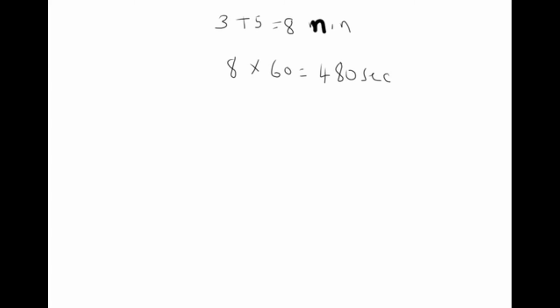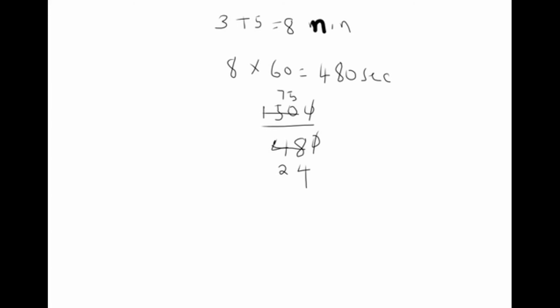Distance is 1500 divided by time, 480. Simplify. 0 will cancel 0. 48 divided by 2 is 24. 150 divided by 2 is 75.